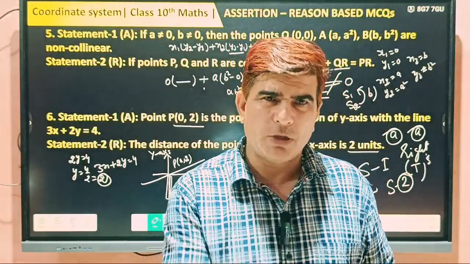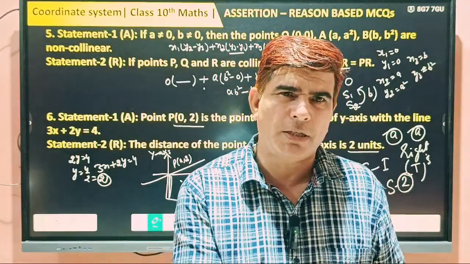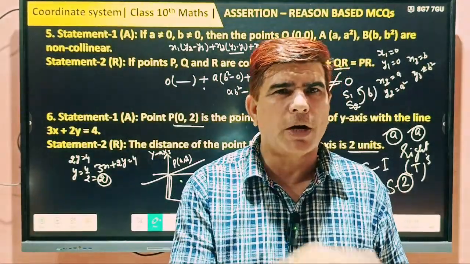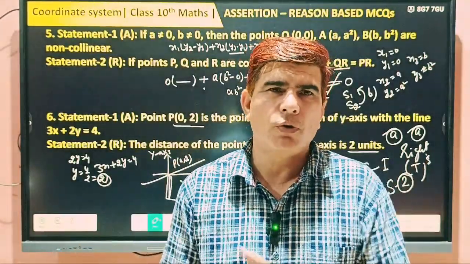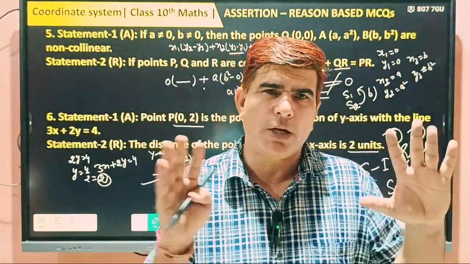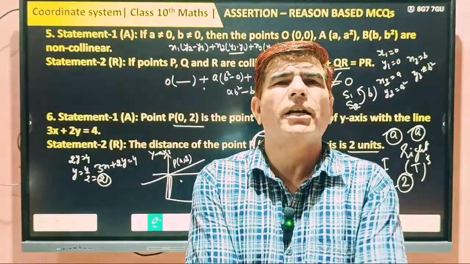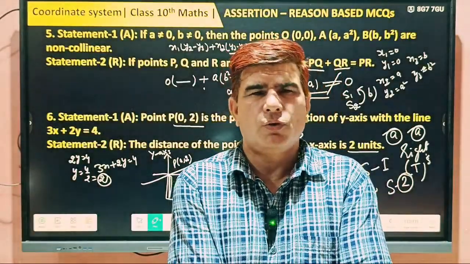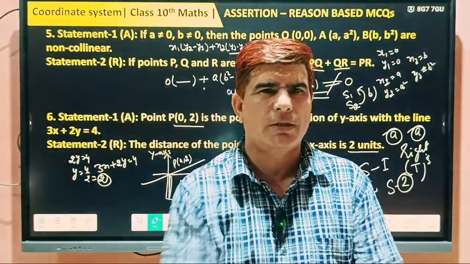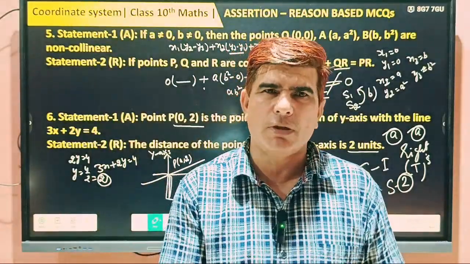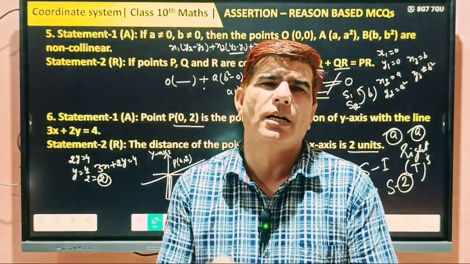But what's the basic of this chapter? The basic of this chapter is being able to easily find the coordinates of the given points. If you are not able to find the coordinates of any point, it creates a problem for you. So first try to understand how to find the coordinates of a point. This is given in the books of 7th, 8th and 9th class.